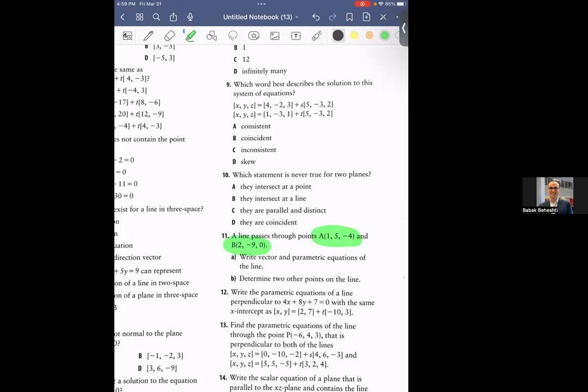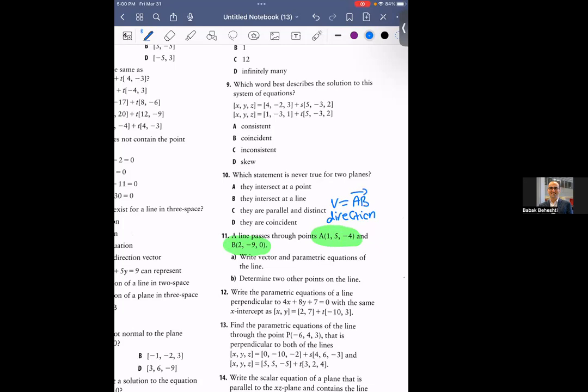We have 2 points, so of course we have 1 point. But what is the direction vector? Because the line passes through A and B, the direction vector is simply AB. So the direction of this line is V equal to AB.